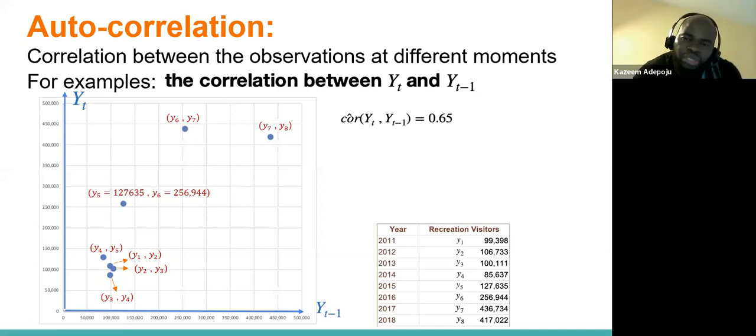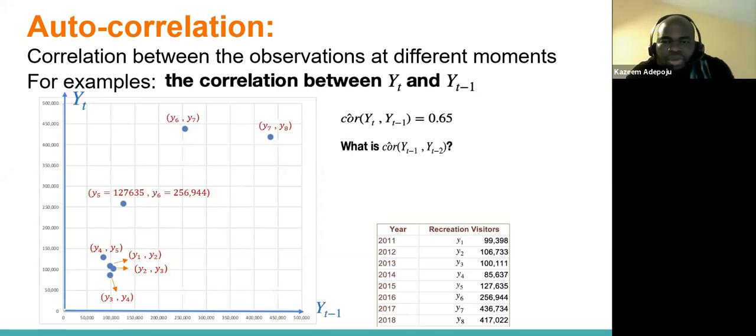Right here, the direction is positive because I get a positive sign. And looking at the strength, the closeness of the correlation to 1 will determine whether you're going to have a weak one or a strong one, and so on.